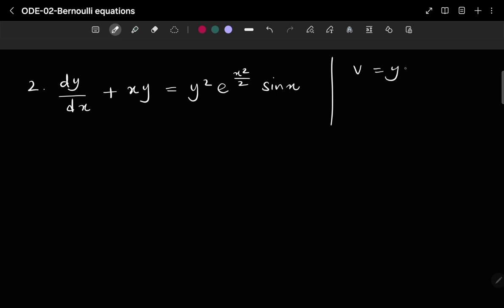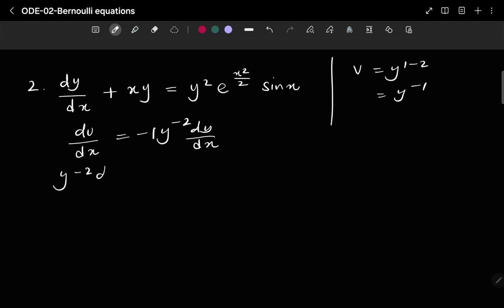Here n is 2, so y^(-1) is v, and dv/dx = -y^(-2) dy/dx.